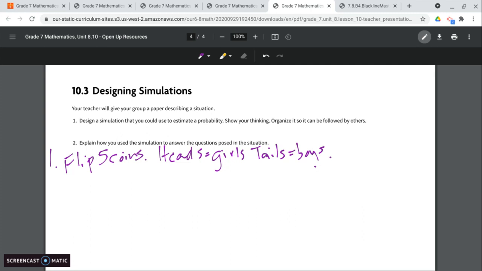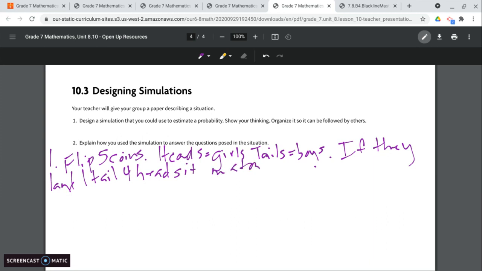If the coins land with 4 heads and 1 tail, it will match the situation. After doing it 10 times, one of them has this result.